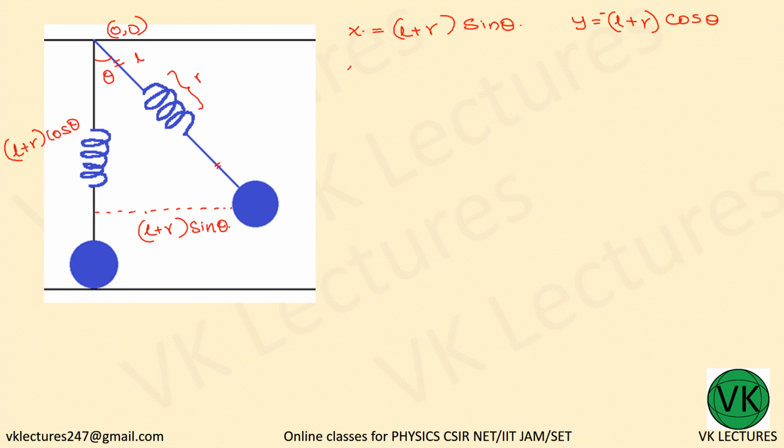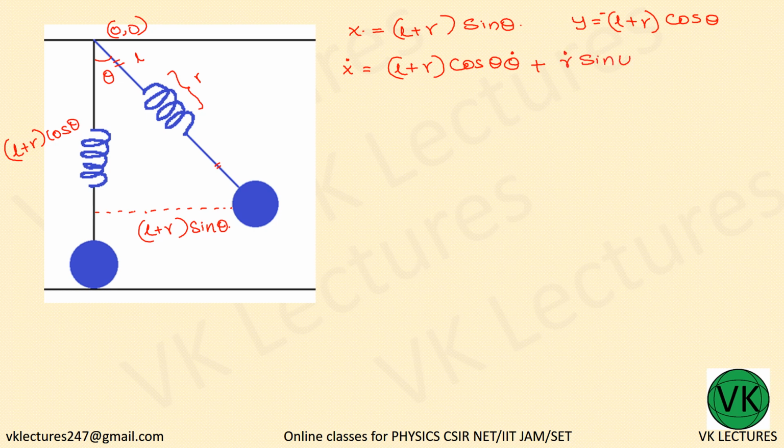Now x dot is (L plus R) sin theta, differentiation is cos theta theta dot plus R dot sin theta.